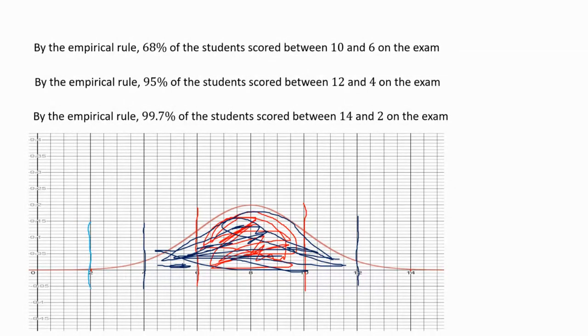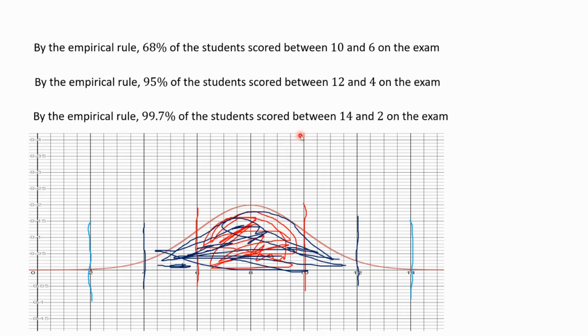Again, we don't have the data listed in front of us, however, we know it's normally distributed, so we know where most of the data is going to lie. Between these light blue lines, most of the data will lie, 99.7%.